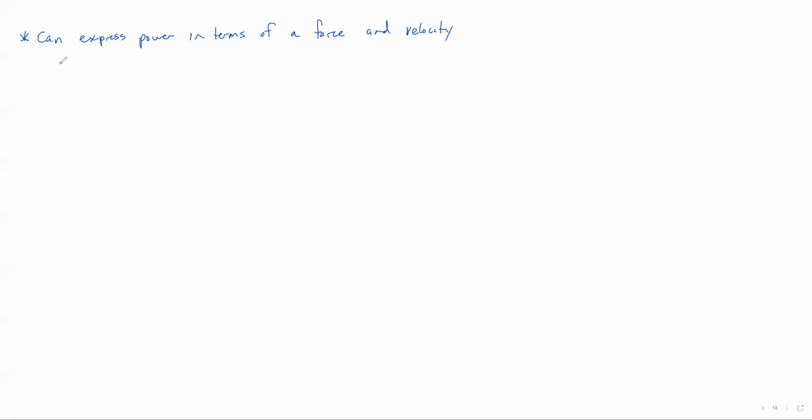So again, let's take our average power, which we said was equal to the work over the change in time. Work is equal to F dot delta S, over delta T. I'll just move my fraction over: that's F dotted with delta S over delta T. Well, I don't want the average power, I want the power, which is the limit as delta T goes to 0 of my average power.